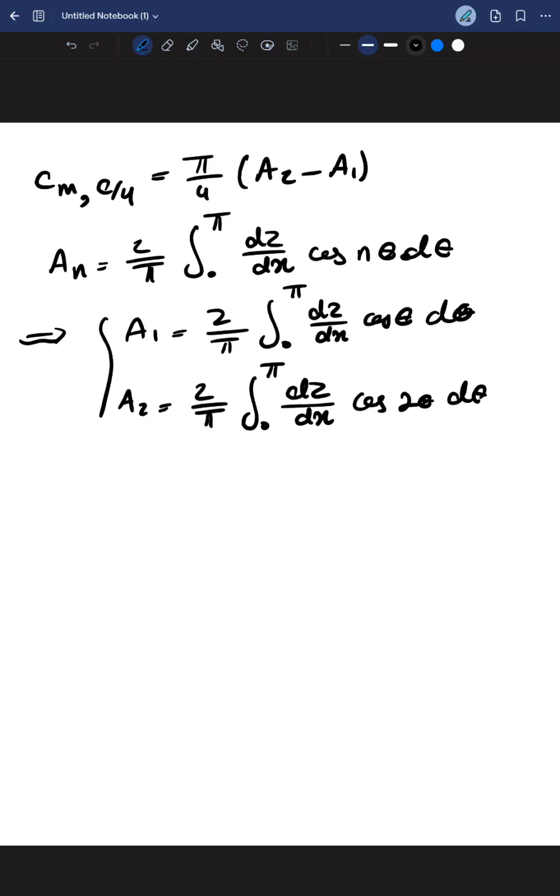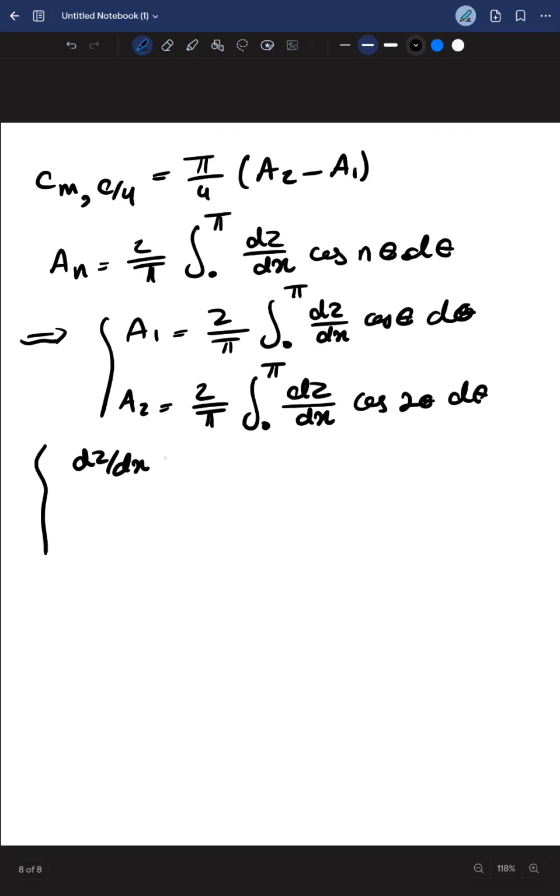Okay, what were dz/dx? We have already converted everything to polar coordinates. So dz/dx has two different equations.